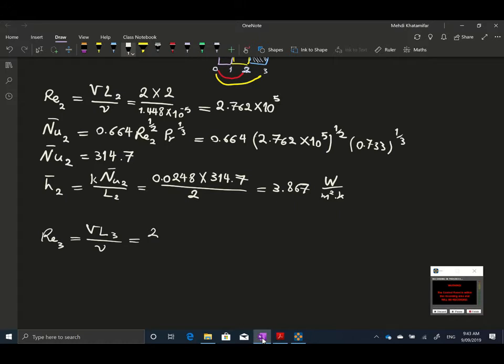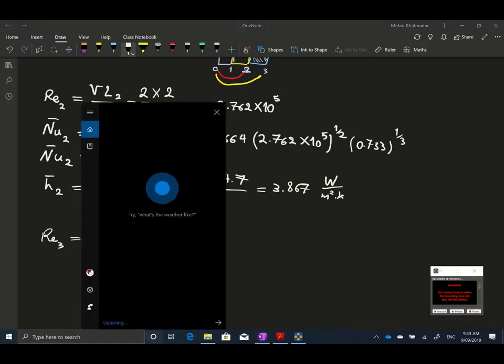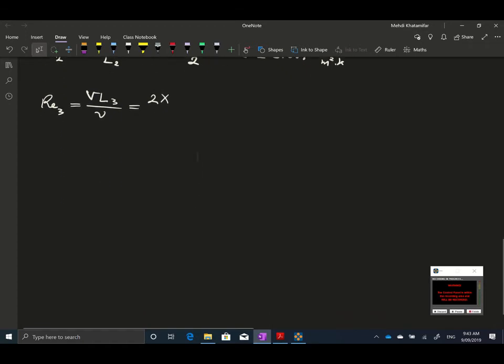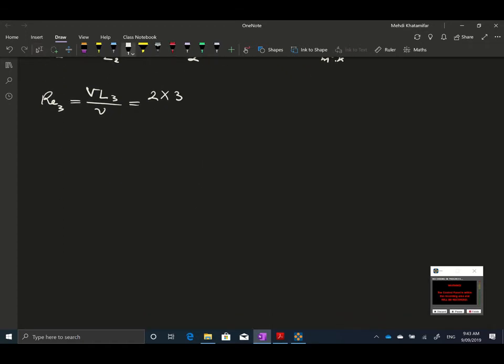Velocity was 2, length for plate number 3, 0.448 times 10 power minus 5. It is going to be 4.144 times 10 power 5. So still laminar flow.